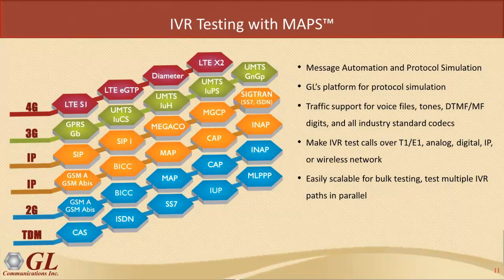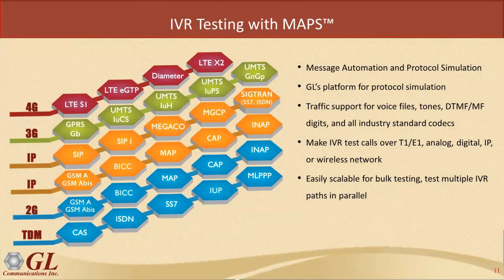So MAPS supports media traffic over TDM and RTP. So you can generate or receive traffic such as voice files, single or dual frequency tones, DTMF or MF digits, and it supports all the industry standard codecs. So similar to the VQuad, this also allows you to make IVR test calls over pretty much any network.